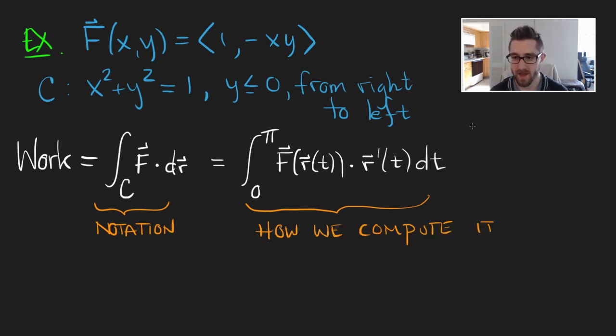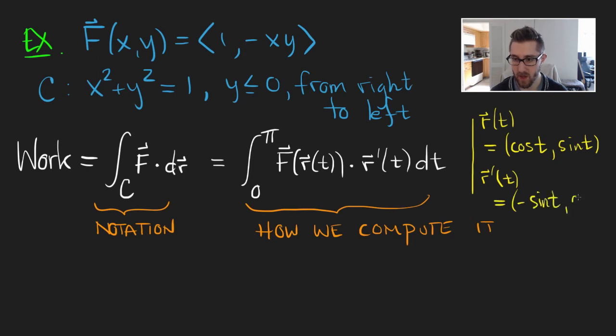Over on the side here, let's just compute the things that we need to write down this expression. Remember we wrote r of t is cosine t comma sine t, and so r prime of t is going to be negative sine t, cosine t, just taking derivatives of each term.